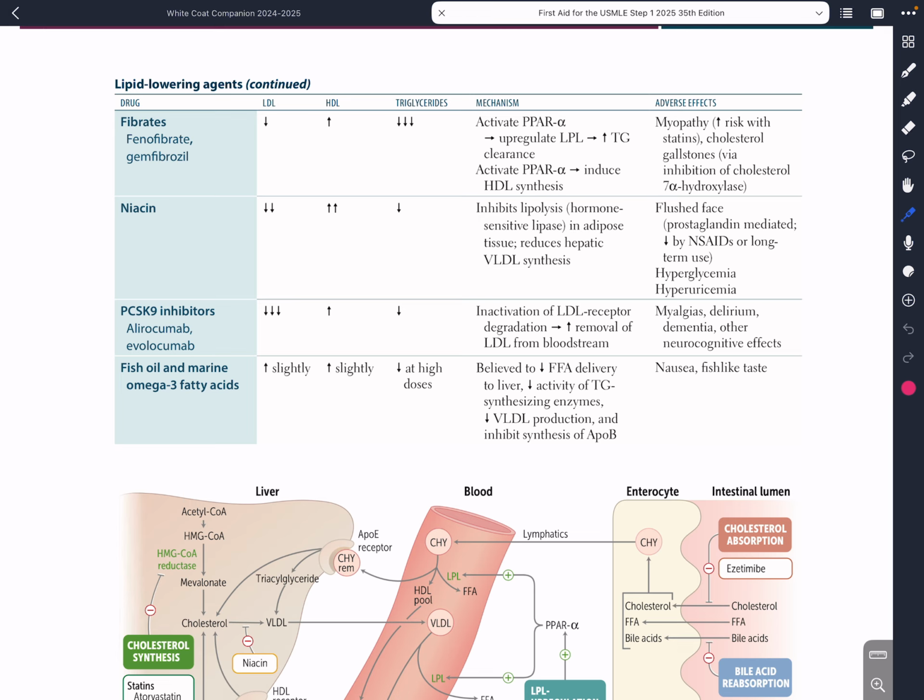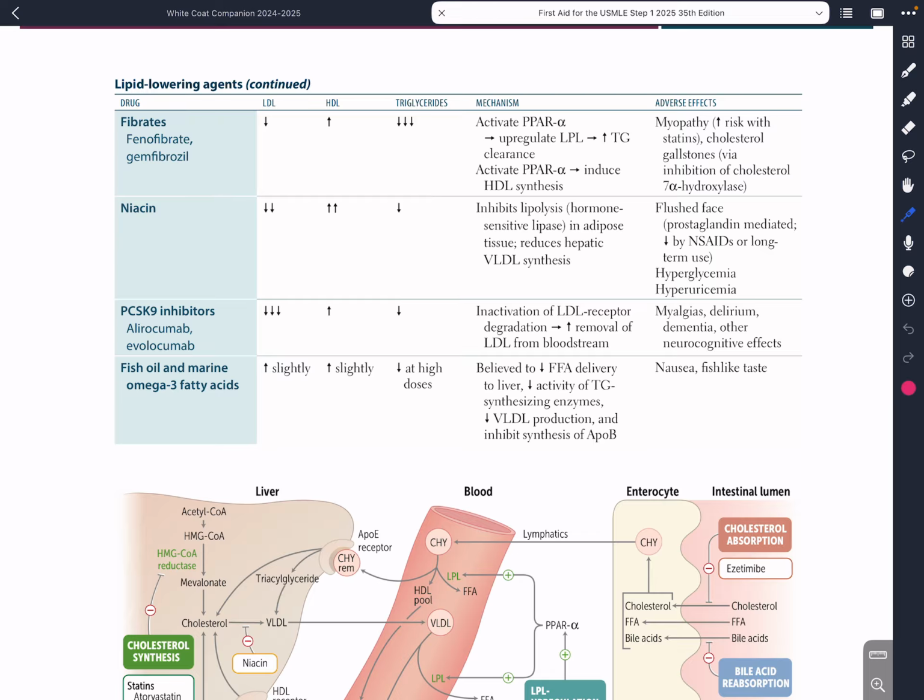Mostly niacin acts in adipose tissue. It reduces hepatic VLDL synthesis.